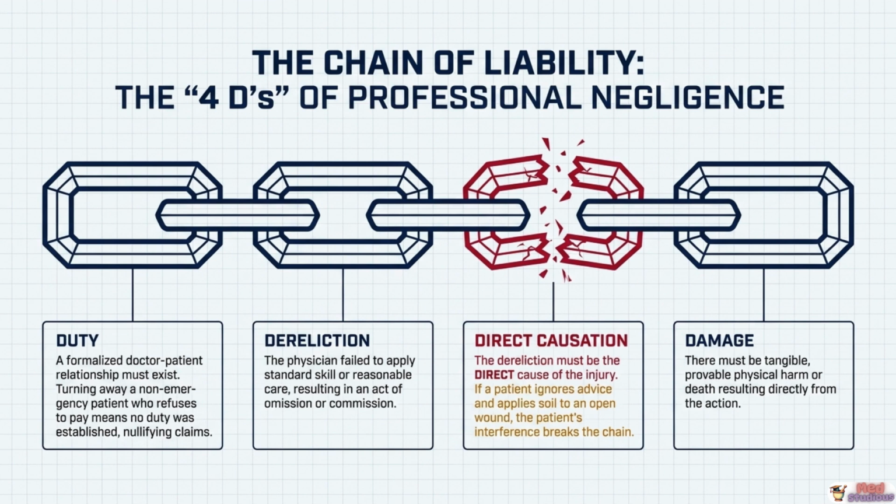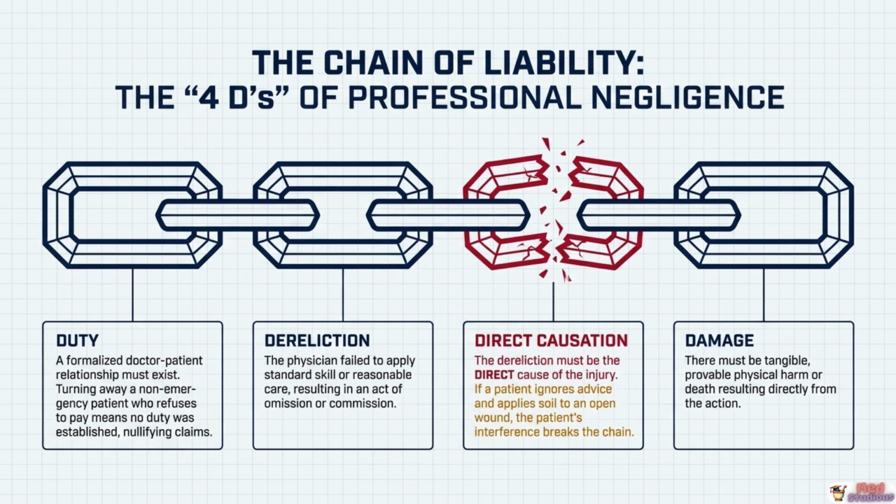The second link is dereliction. Given that a duty existed, the doctor must have failed to apply the standard skill and reasonable care expected of a similarly qualified professional. This may be an act of commission, doing something wrong, or an act of omission, failing to do something necessary. The third link, and the most complex, is direct causation. The dereliction must be the direct, proximate cause of the injury.